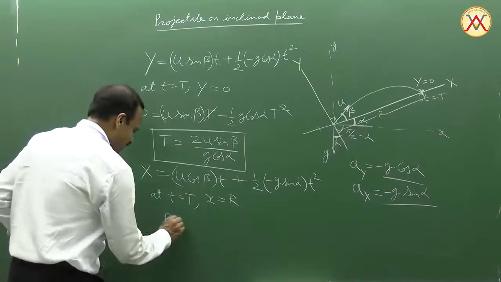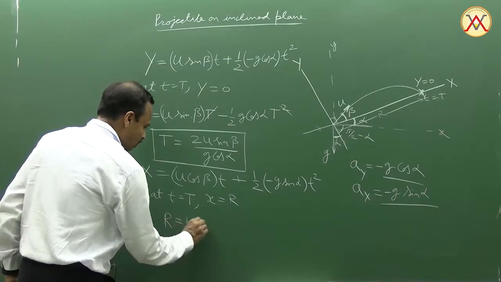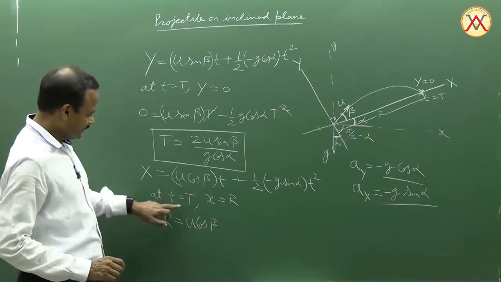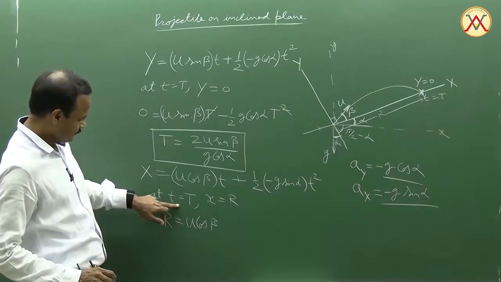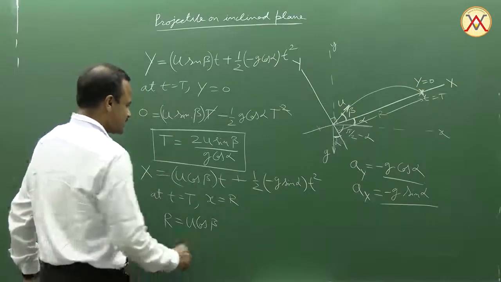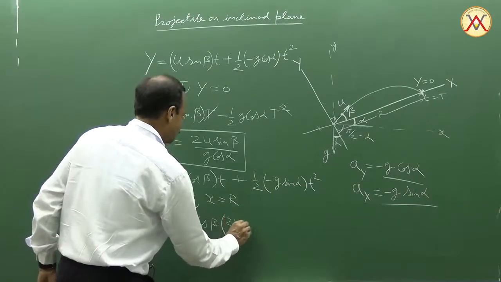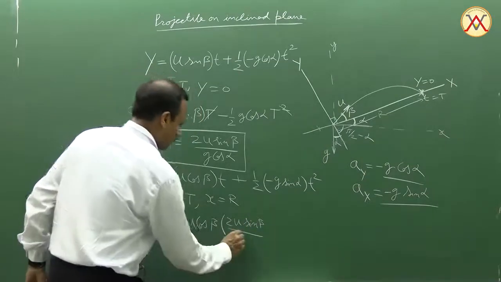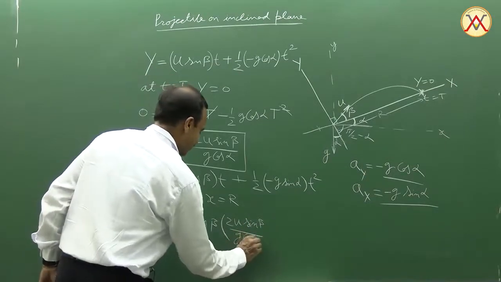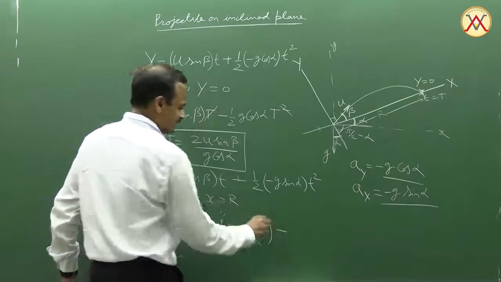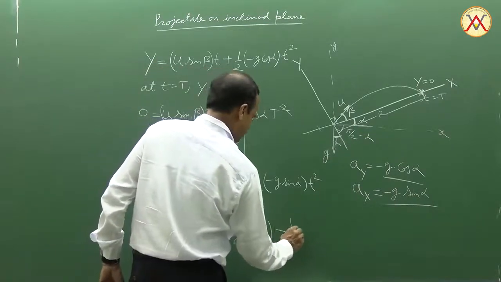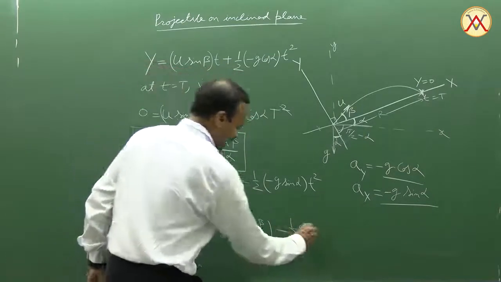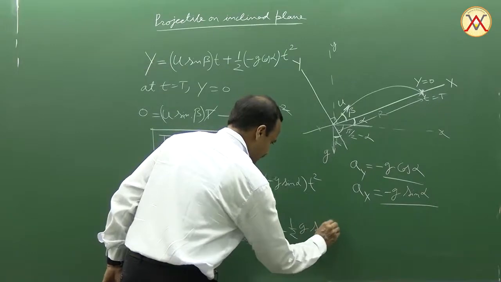So R equals u cos beta, and capital T you can see is this, so it is 2u sin beta upon g cos alpha, minus half g sin alpha times T squared.